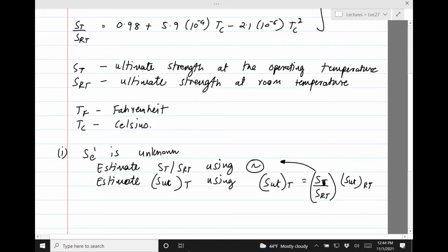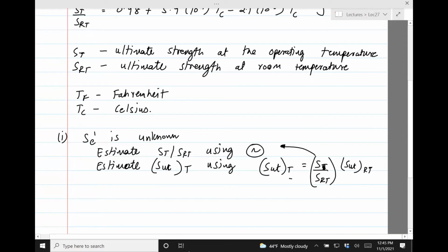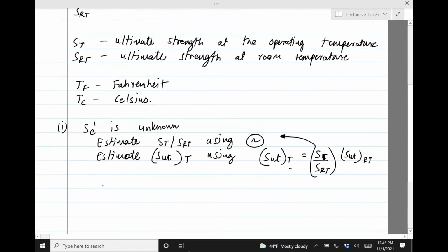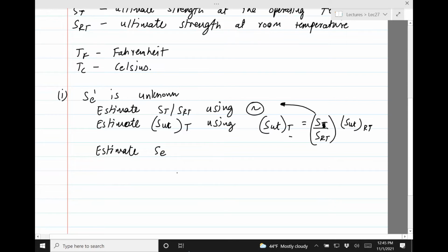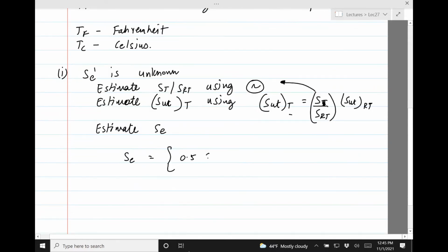So typically you know the tensile strength at room temperature, and you're trying to estimate the strength at the elevated temperature T. Finally, we can estimate SE, which is the actual endurance strength, by these formulas: 0.5 SUT for SUT up to 100 kpsi.